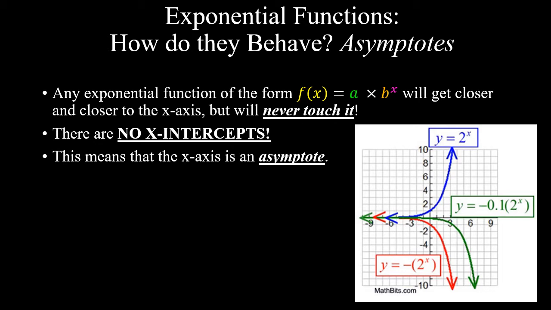And in every single one, they're all approaching the x-axis, but they're never, ever actually touching it, okay? So that's important. They'll get closer and closer and closer to it forever, but never touch it, which is kind of crazy if you stop and think about that.